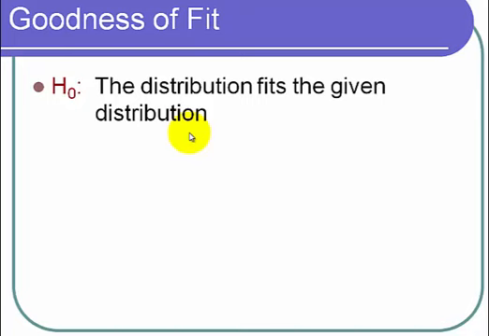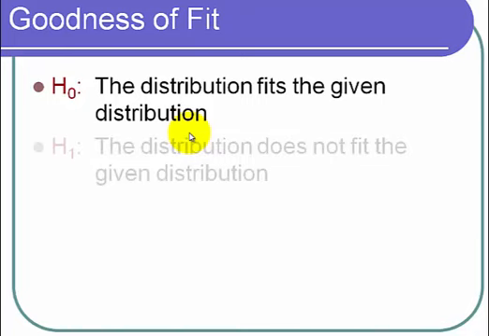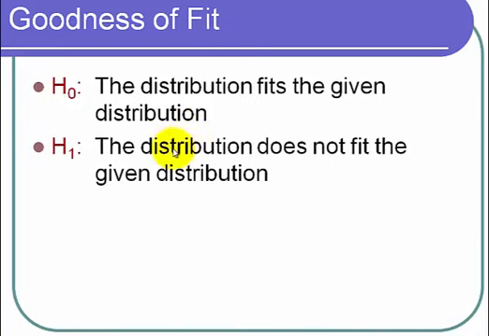That might be an example of H0. On the other hand, H1 is the opposite, which means that the distribution does not fit the given distribution. So maybe it isn't a normal distribution. So you check it. Is it normal? Is it not normal? Well, as we've seen, we're going to be able to show that maybe it's not normal. We won't show that it is normal, because you never accept H0, you only accept H1.